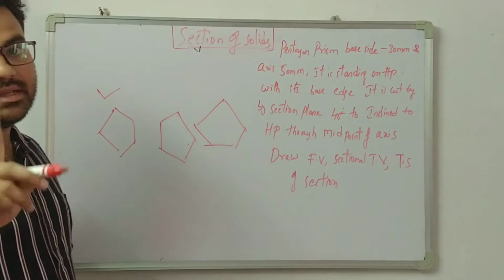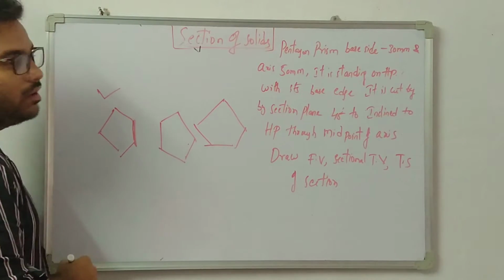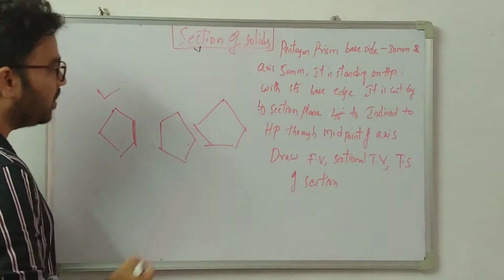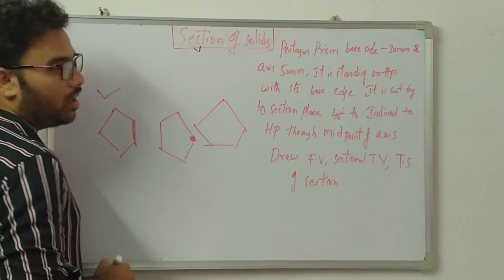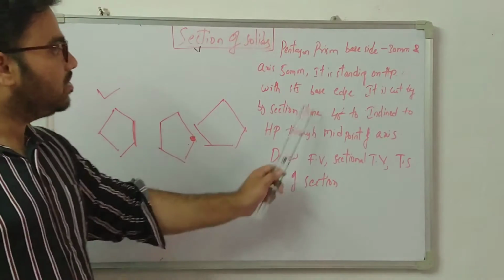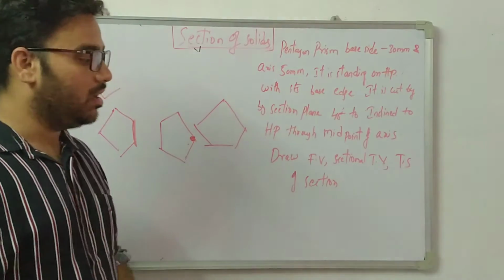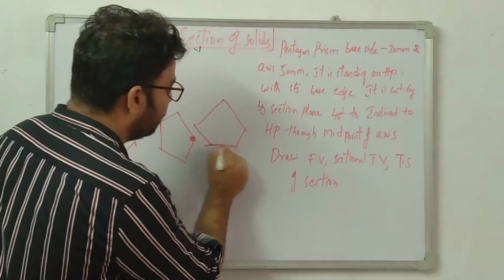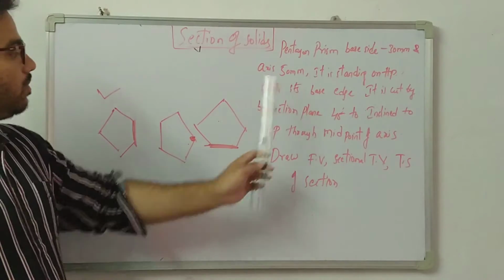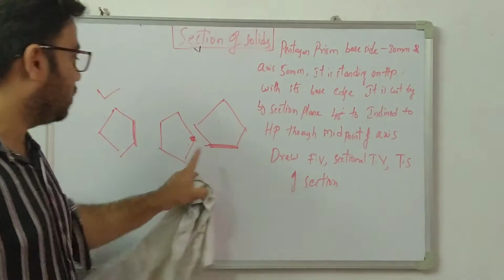Whenever the base edge is given, the base should be placed on the right side. If instead of a base edge a corner is mentioned, then draw the corner on the right side. If neither is given, and instead a rectangular face is resting on the HP, then simply draw this diagram. So in this given problem we are taking this as the solution. Don't draw these other two diagrams.